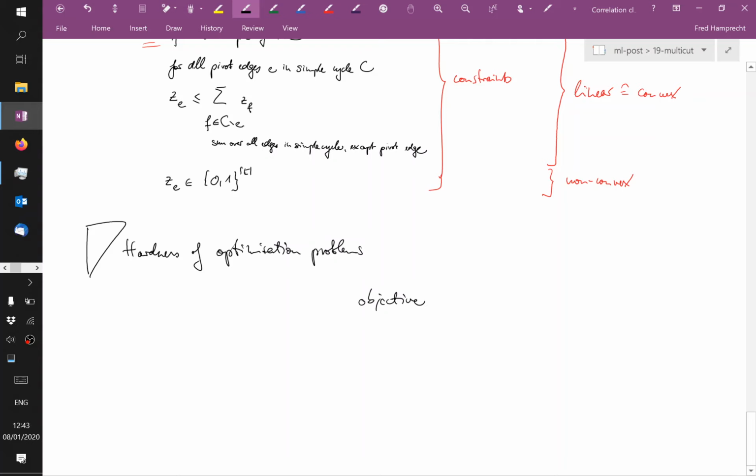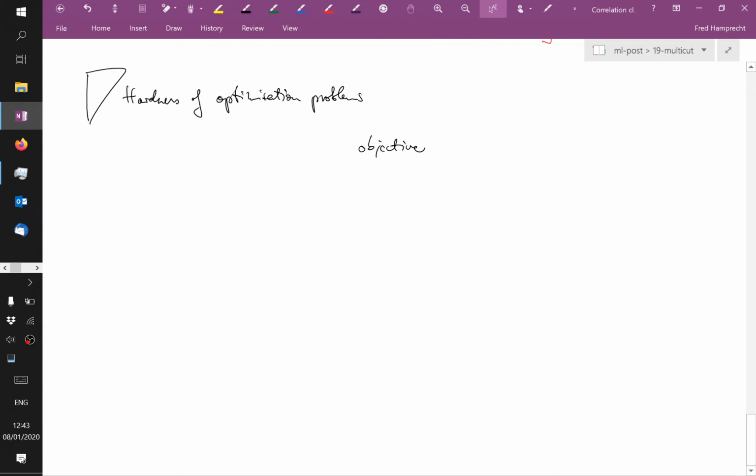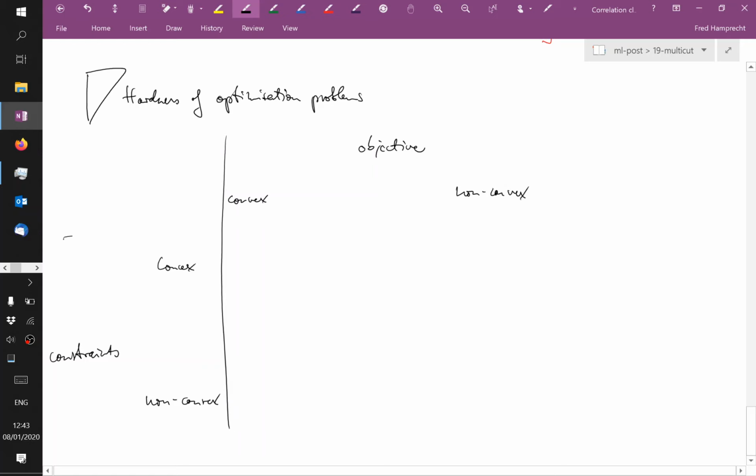We have the objective, which can be convex or non-convex, and we have the constraints, which can be convex or non-convex. You don't see this table in any textbook because it's very qualitative, but I hope that it will give you an idea.